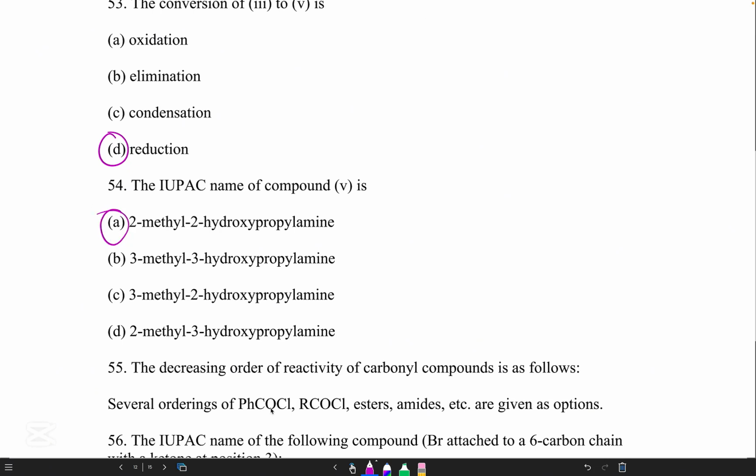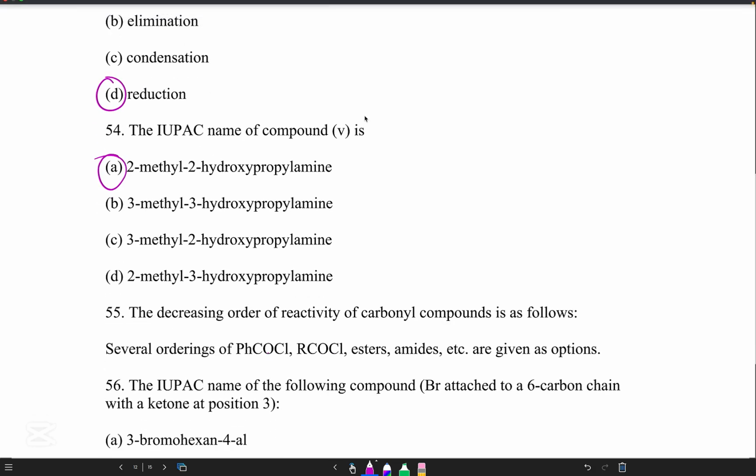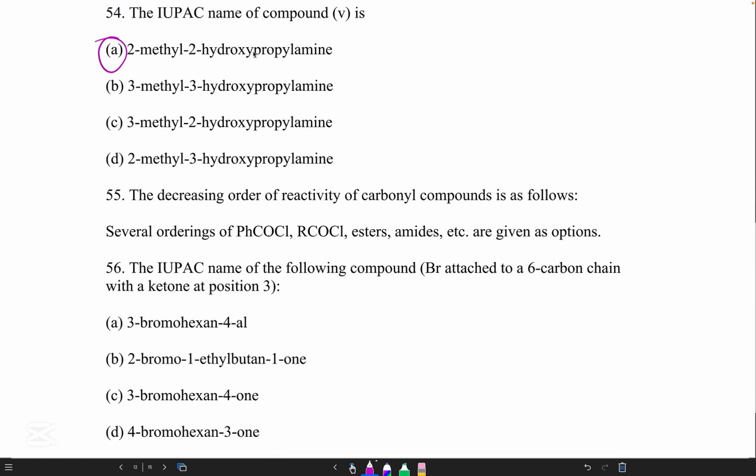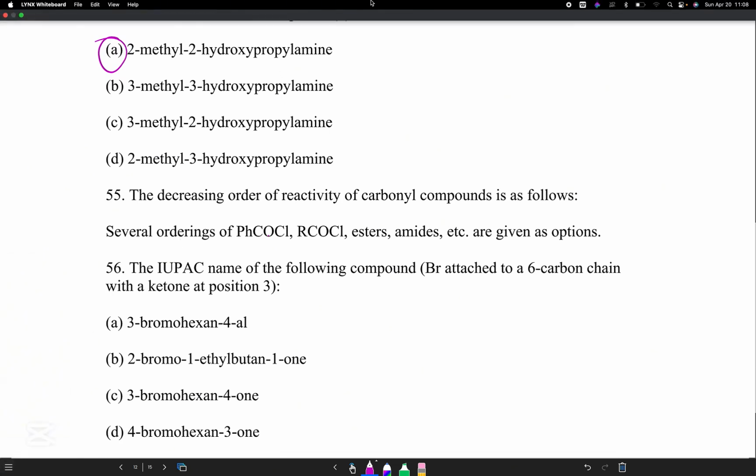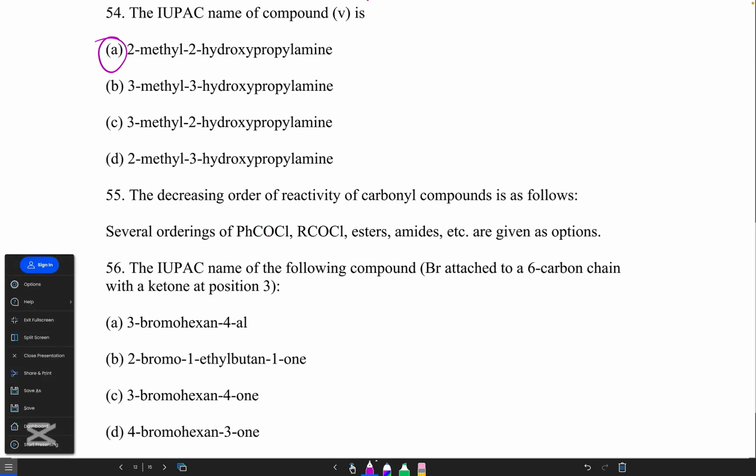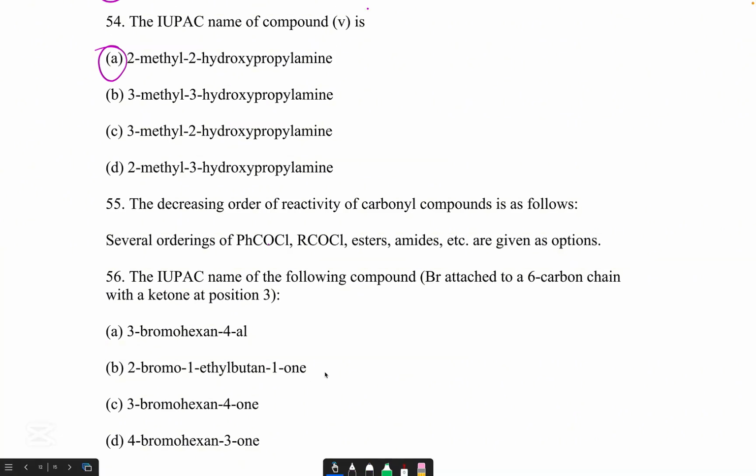Is that okay? Now, the decreasing order of reactivity of carbonyl compounds. You have a list of some things here, but the correct order I want to give you now. The less bulky it becomes, the more reactive it is. So the correct order is something like this.